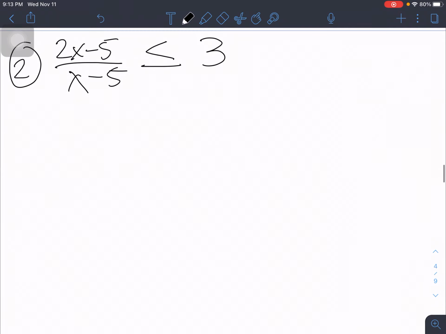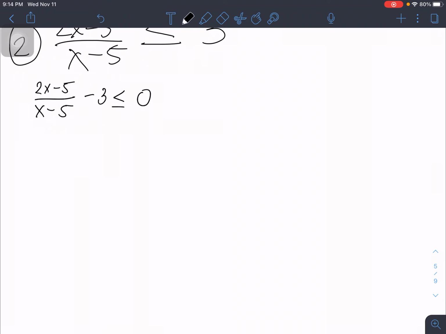So another example. (2x - 5)/(x - 5) less than or equal to 3. So again, transform this so that the right hand side is 0. So simplify.